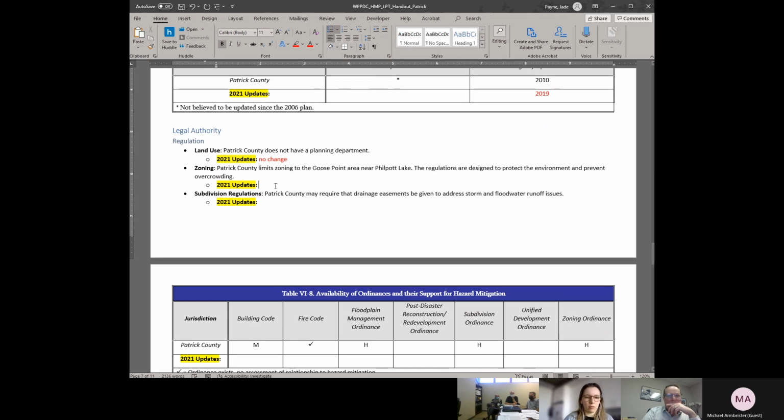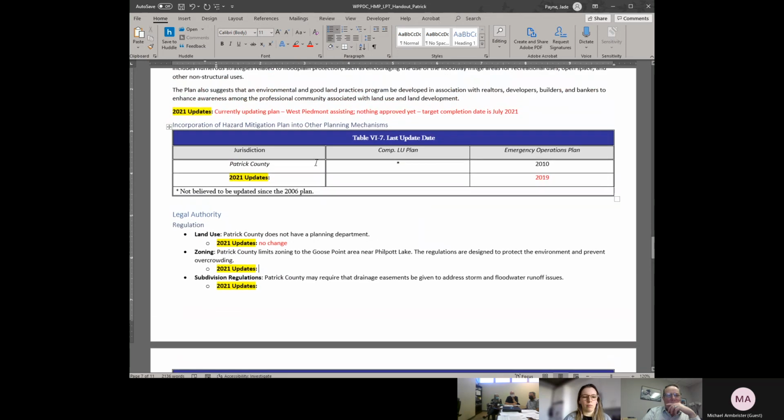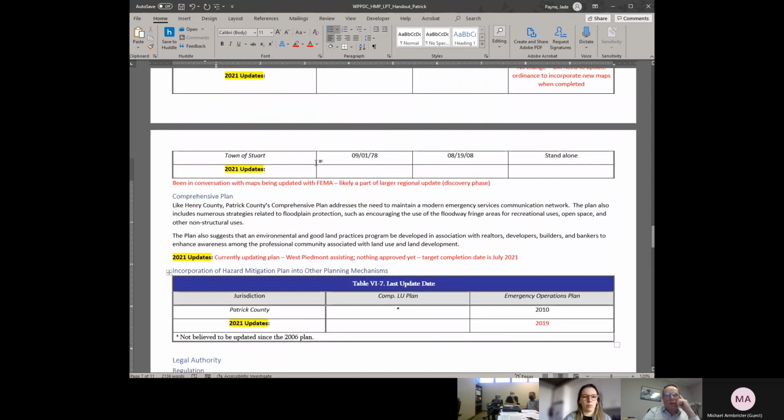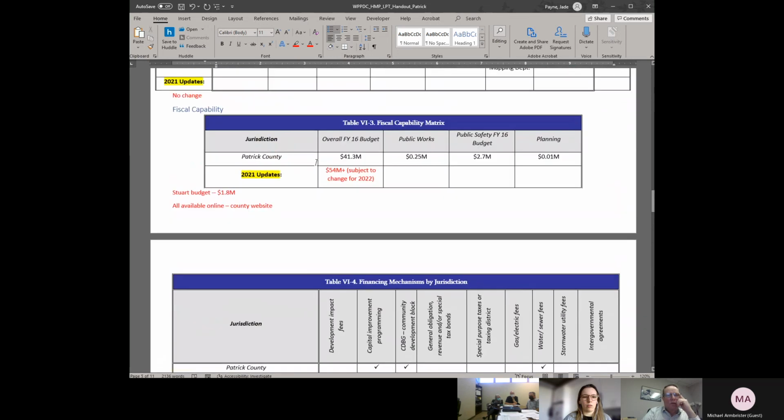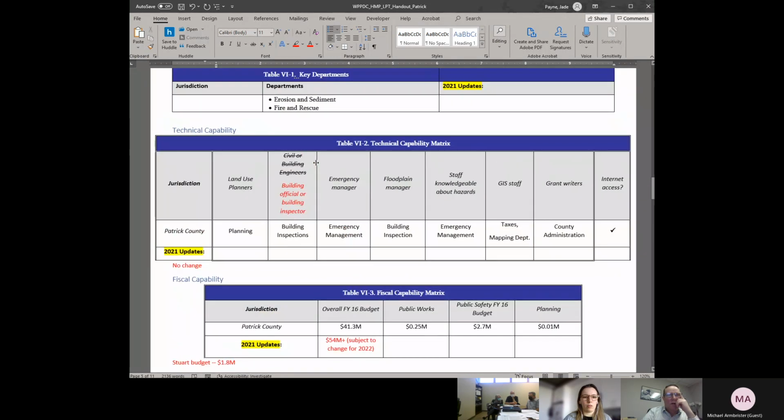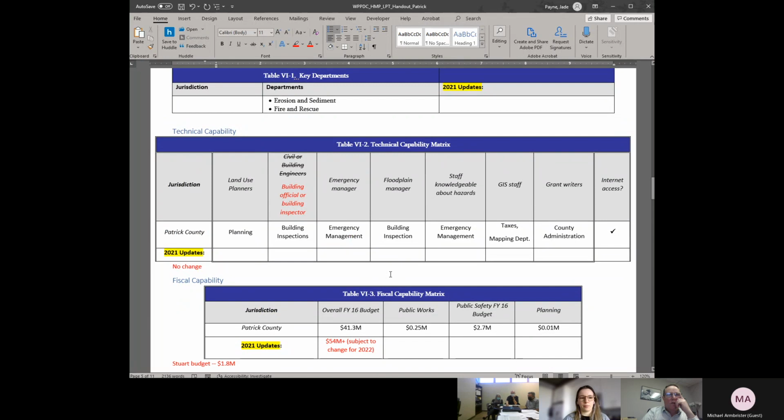Can you scroll up a bit, Jade, to the table Roman numeral 6.2 technical capability matrix? Yes. So in here, this said that you had land use planners in a planning department. So should that be eliminated?